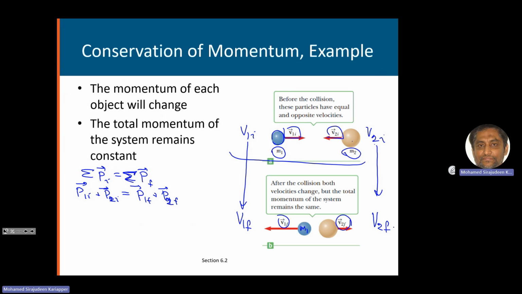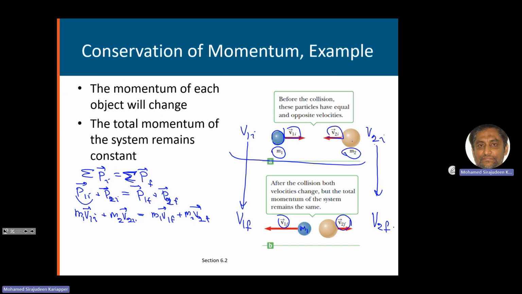And if you want, you can go further. I can write mass into the definition of momentum: m1 v1I plus m2 v2I, that is the left-hand side, the total momentum. On the right-hand side, m1 v1F plus m2 v2F.